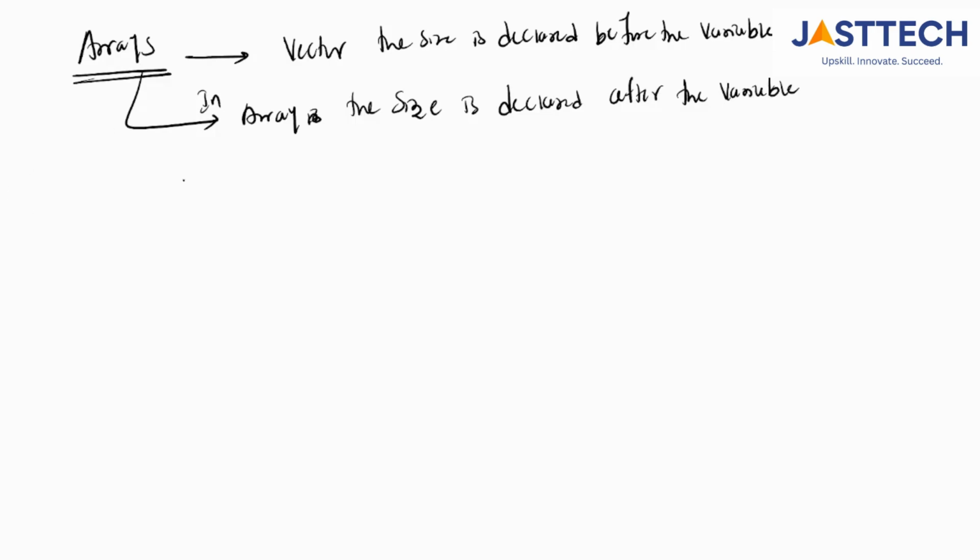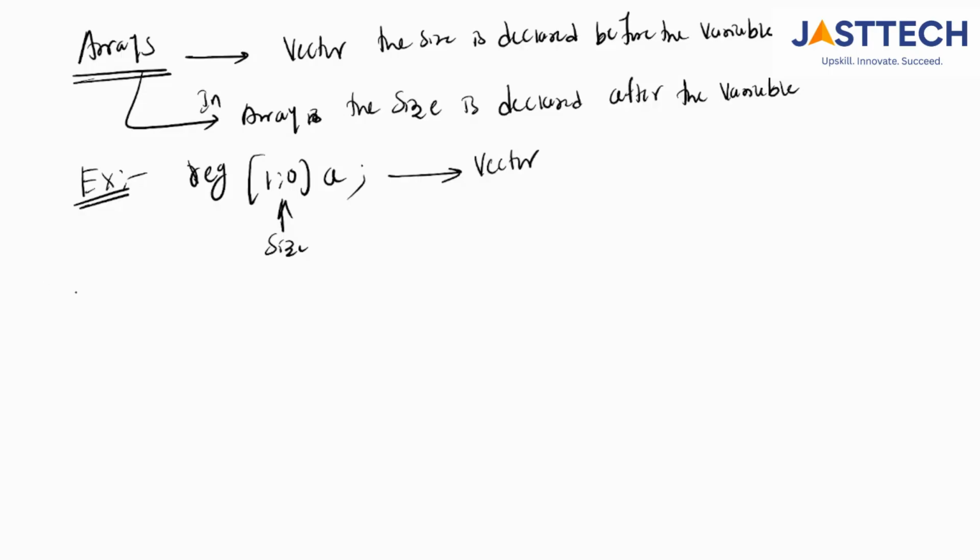Suppose for example, reg 1 down to 0 a. This is the size, and this is nothing but a vector. An array means like reg a, the variable first, then 1 down to 0.